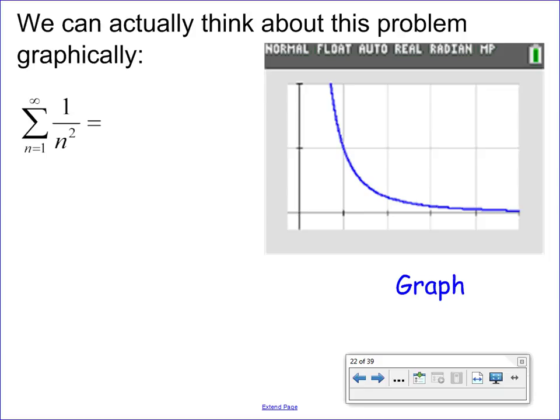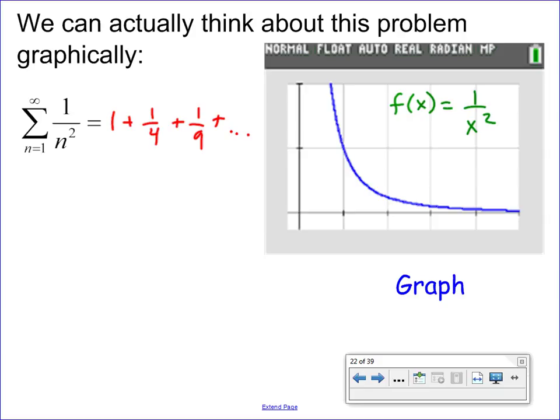1 plus 1 fourth plus 1 ninth plus ... Here, though, I've made the graph of the function f of x given by 1 over x squared, a continuous function, yes, decreasing in nature and approaching 0 as x goes to infinity.